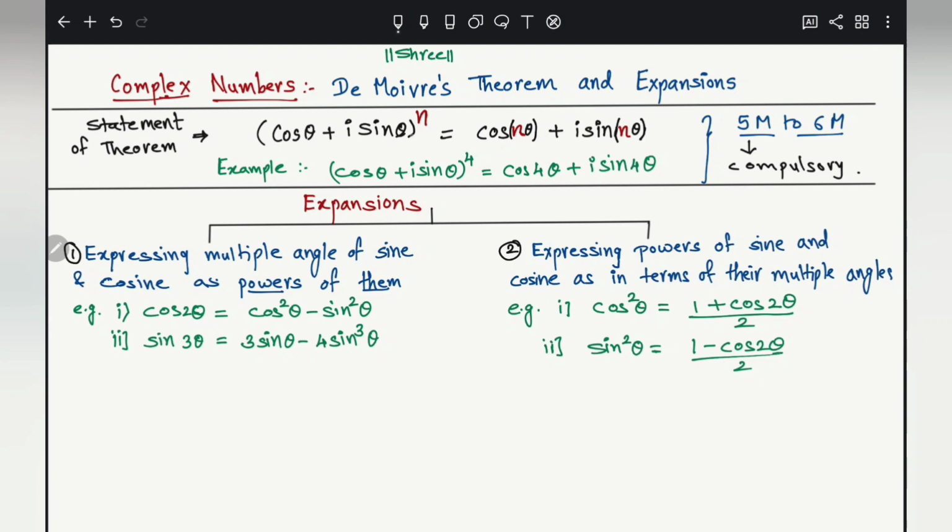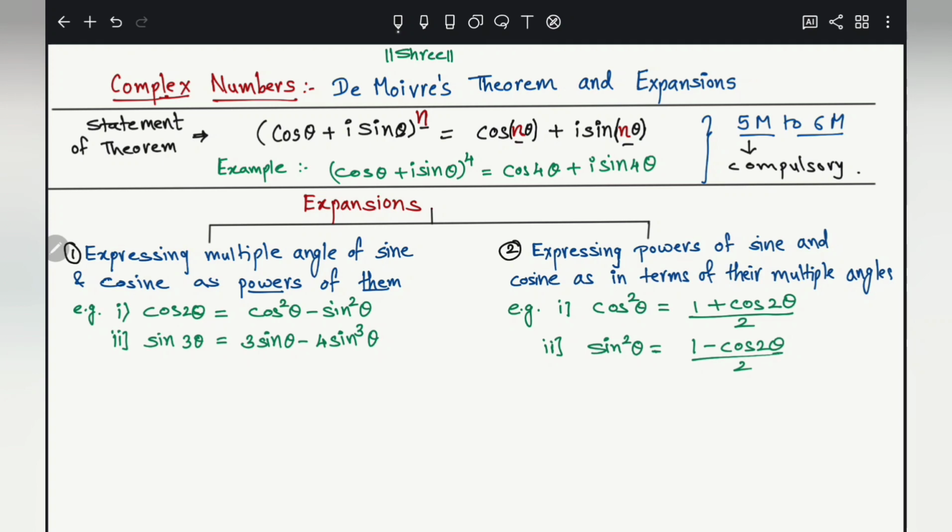So this n in the power we just need to take as a multiple angle inside. For example, (cos theta plus i sin theta) raised to 4 is equal to cos 4 theta plus i sin 4 theta.